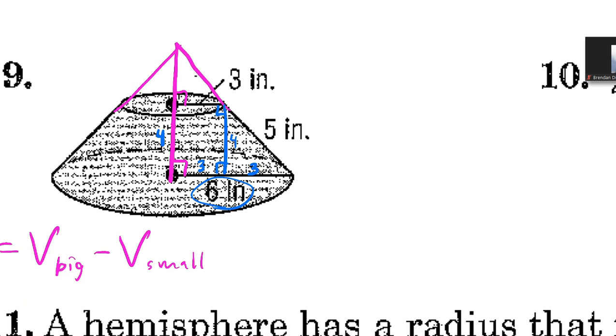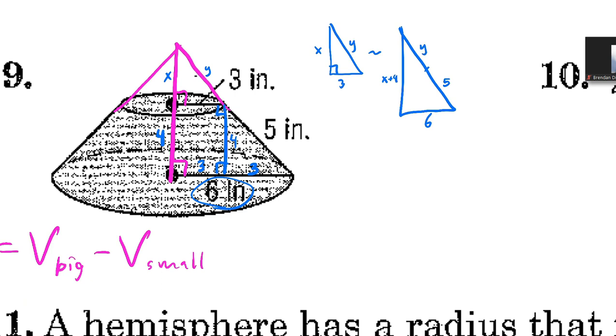And then we just do, well, the top triangle that has a 3 here is similar to the entire triangle, which has, let's call this top x. So then this is x plus 4. And over here, the whole bottom is 6. And then we have some piece of this that is 5. So let's call this y. Not that we care what it is, but y plus 5 then for this whole length.